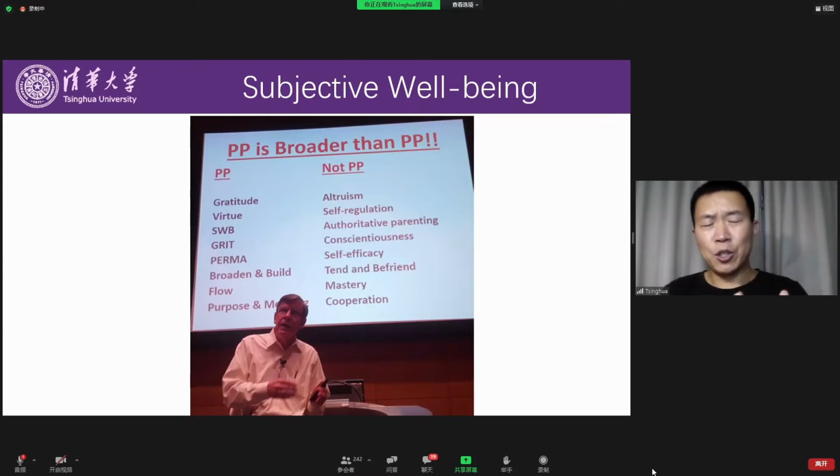So, in addition to gratitude, virtue, SWB, etc., he also thinks that we need to study altruism, self-regulation, etc. And this actually reflects two different kinds of approach to happiness, or what positive psychology should study. So basically, if we put all of these things together in the left column and in the right column, that is what constitutes a good life. So he argued that positive psychology should study everything that can make a good life, not just some subjective feelings.